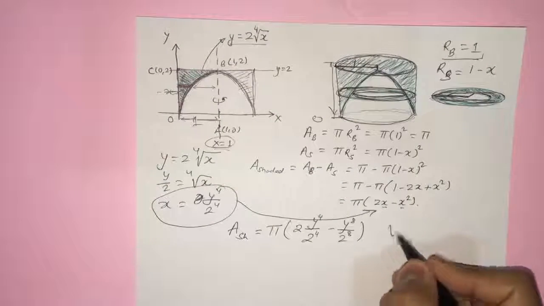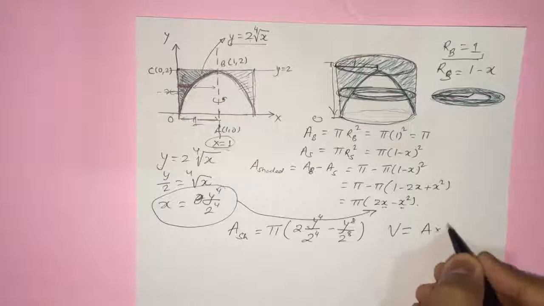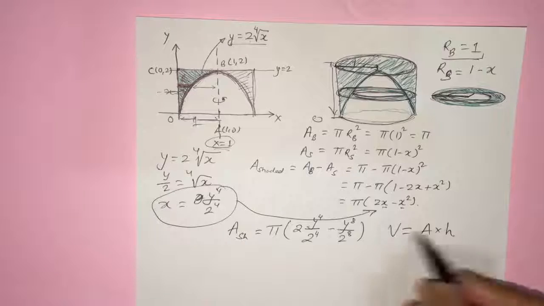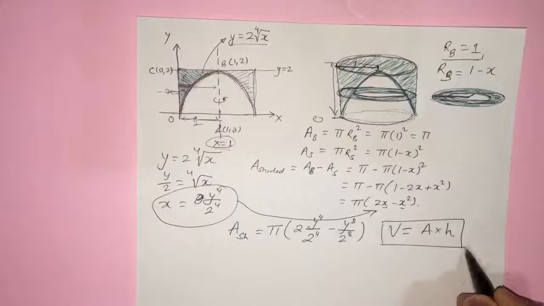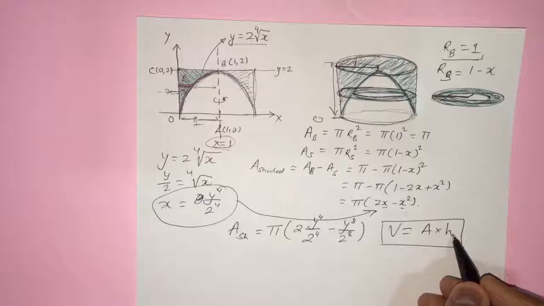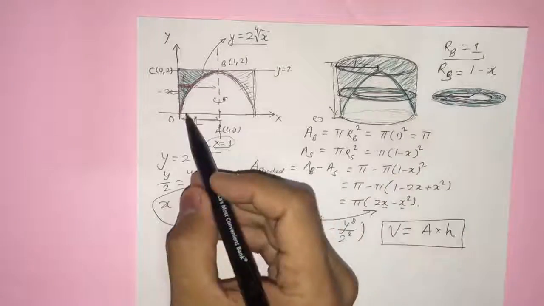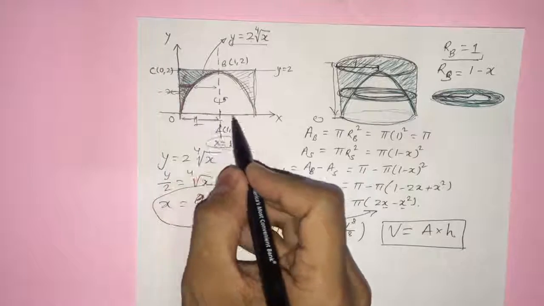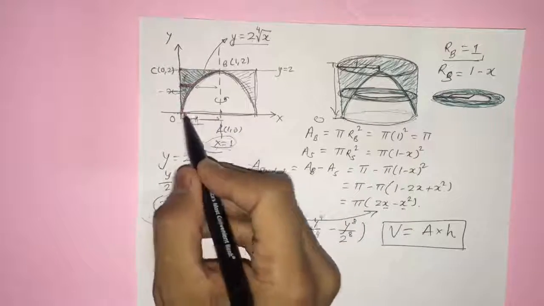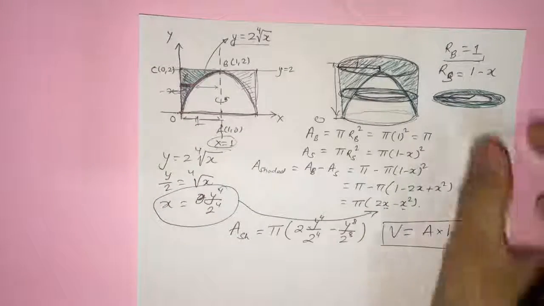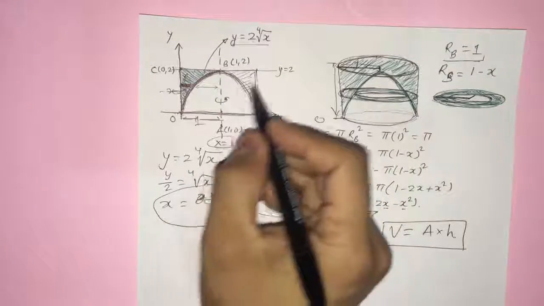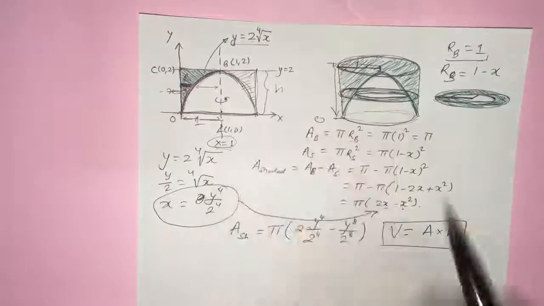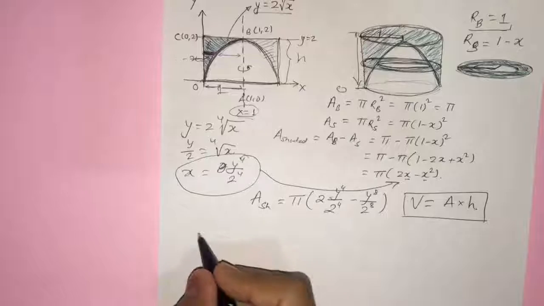Now what is volume? Volume is area times height, right? A single volume is area times height. Now the volume of this area is just one plate or one washer. We need such washers in this whole height. So how do we find it?